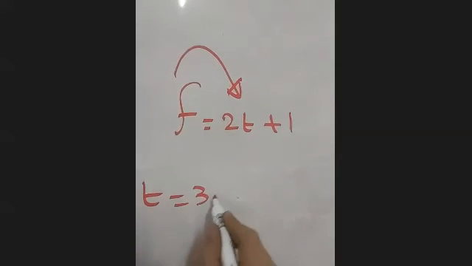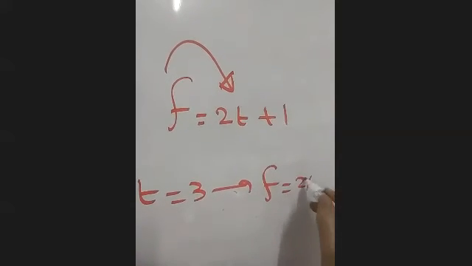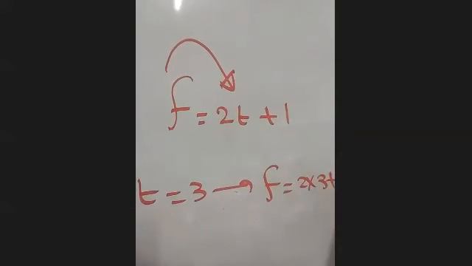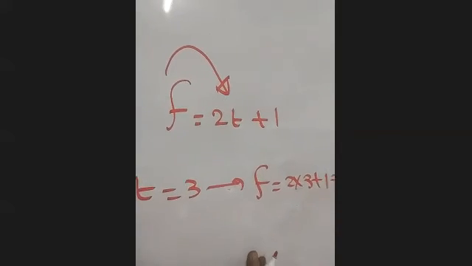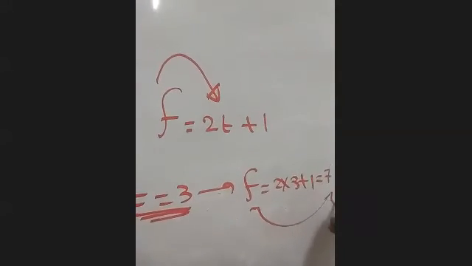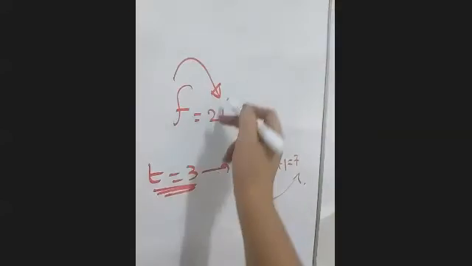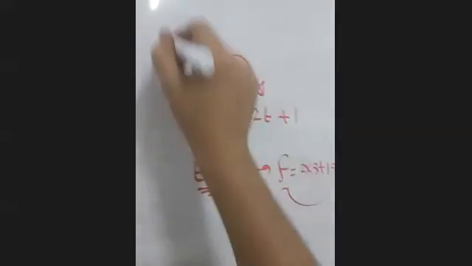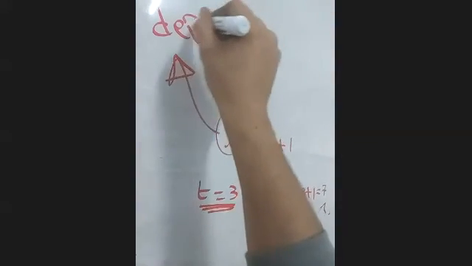F depends on T, because if you put T a number like 3, F will be 2 by 3 plus 1, which is 7. So if you put T a number, F will be a number. So F depends on T. We call F dependent.